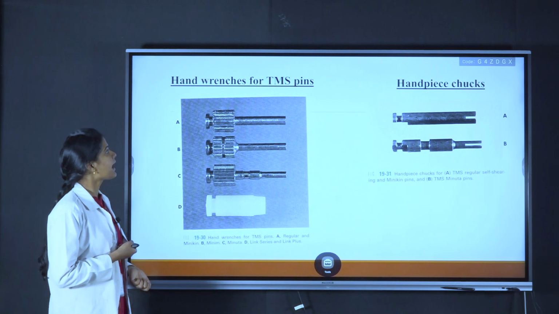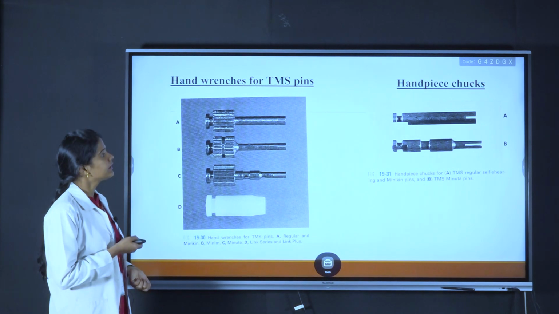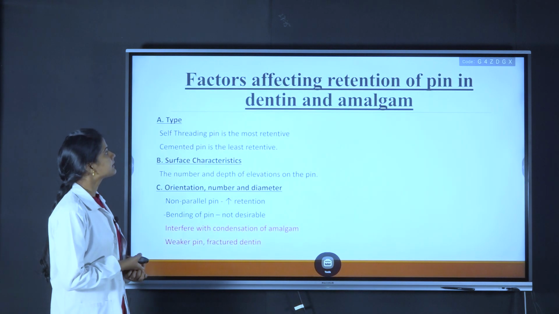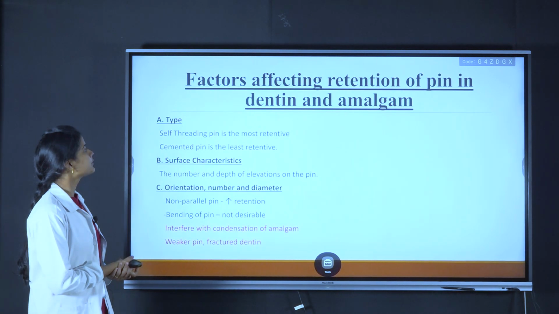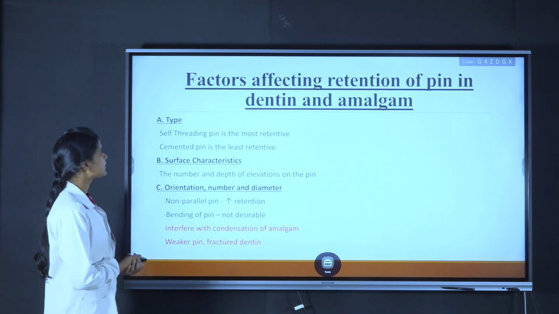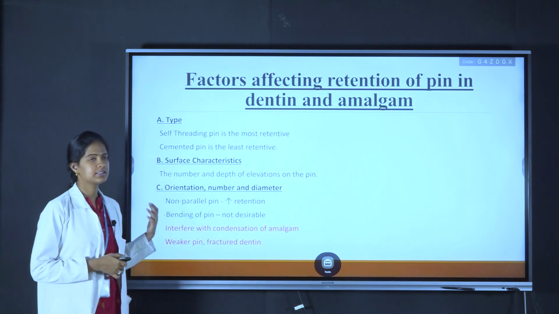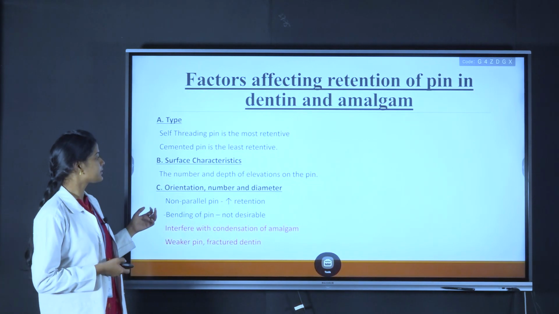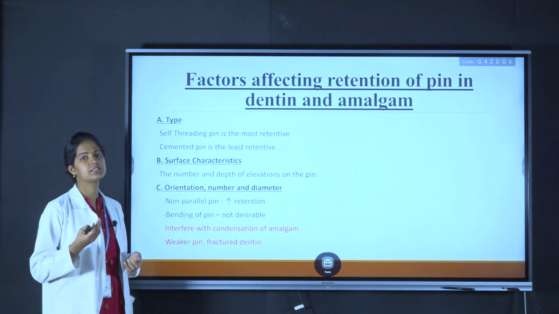So these are the different hand wrenches that are available, and these are the handpiece chucks for the respective pins. So the factors that affect the retention of the pins in the dentine and amalgam are the type of pin, that is, the self-threading pin is most retentive compared to the cemented pins, and the surface characteristics, the number and the depth of elevations in the pins.